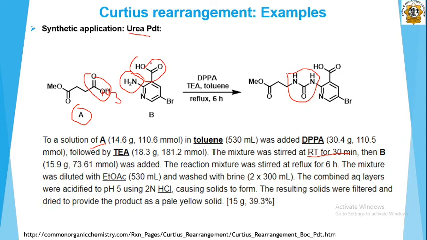Otherwise what will happen? It will form azide here also. So that is a big trouble. Okay. Although some byproducts may form, they are getting the product also in decent yield.